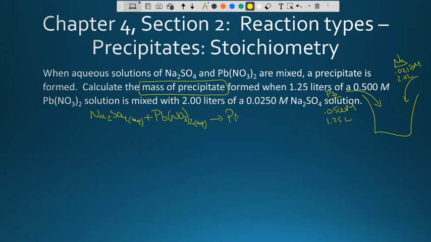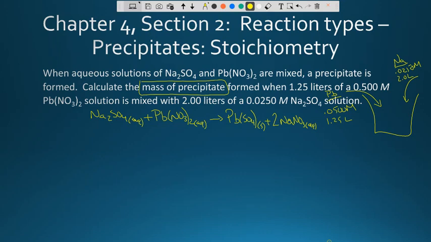And so let's take a look at my lead sulfate that's being formed because we're swapping partners. I see my lead is a 2 charge, and so that would cancel out the 2 of my sulfate. All right, so that's going to be my solid here, and then I end up with 2 NaNO3s, 2 sodium nitrates, and that's going to be aqueous.